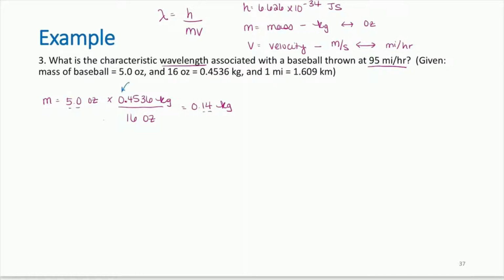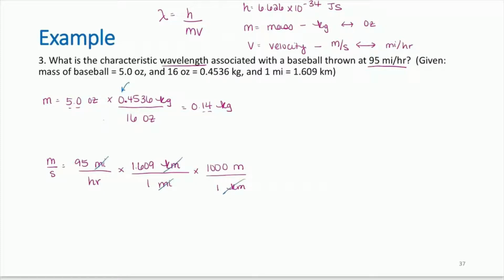I also need my velocity in meters per second. I've got 95 miles per hour. Now again, you can convert the distance first or the hours first. I'm going to convert the distance first just because it's the numerator. Times 1.609 kilometers per 1 mile times 1,000 meters per 1 kilometer. If I stopped right here, this cancels my miles and my kilometers, and I've got meters, so I'm halfway there.